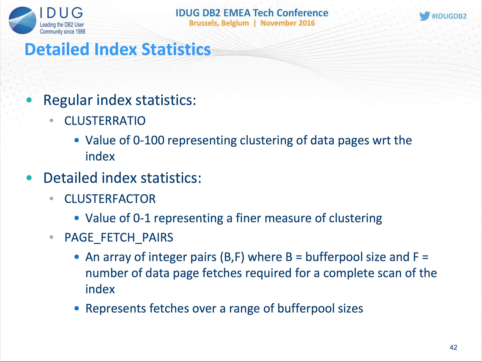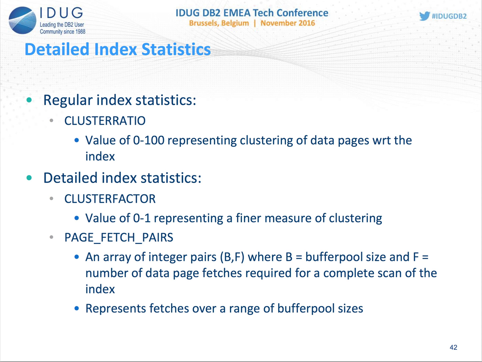If the data pages are not in the same organization as the index, you're going to be doing random I/O all over the place. A cluster ratio of 0 is terrible clustering, where every read of a data page is a separate I/O. Perfectly clustered means that as you go through the index, you're probably reading from the same data page.